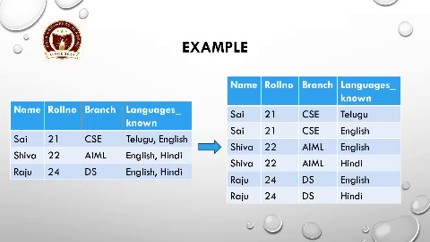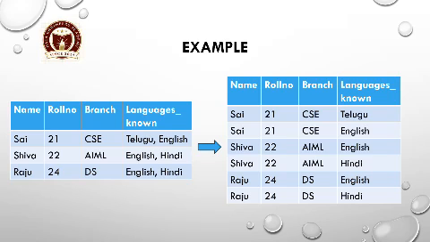So we need to create a separate row for Telugu and English. Then I created another table by removing multiple values from the previous table. The same process will be continued for Shiva and Raju. Now the table is in first normal form because the multi-valued attributes are removed in the table.